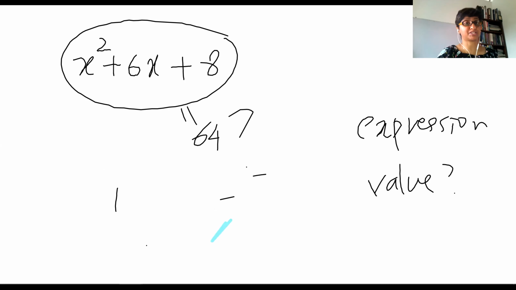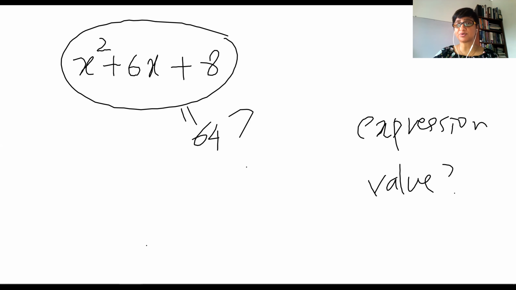this expression x squared plus 6x plus 8, if I ask you what the value of that is, are you able to tell me? No. Why? Because it has a variable x. It has a letter that represents any number. So the value of this is determined by the value that you put for x.